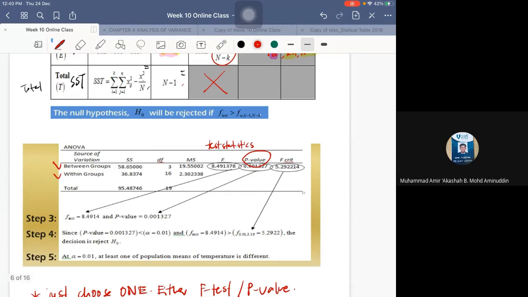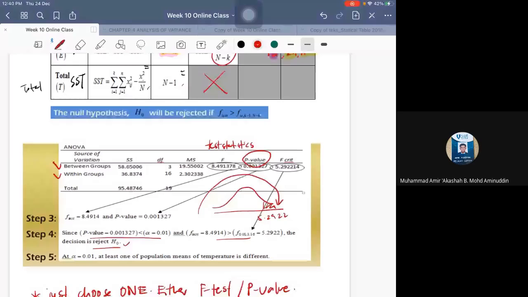Okay, so if you use the p-value, you just have to take the value and compare that with alpha. So here I get that my p-value is smaller than alpha, so therefore we are going to reject H null. And the same goes for what happened over here when I use the F-test. My critical value is given by 5.2922, and my F-test is definitely greater than that, so therefore we also have to reject H null.